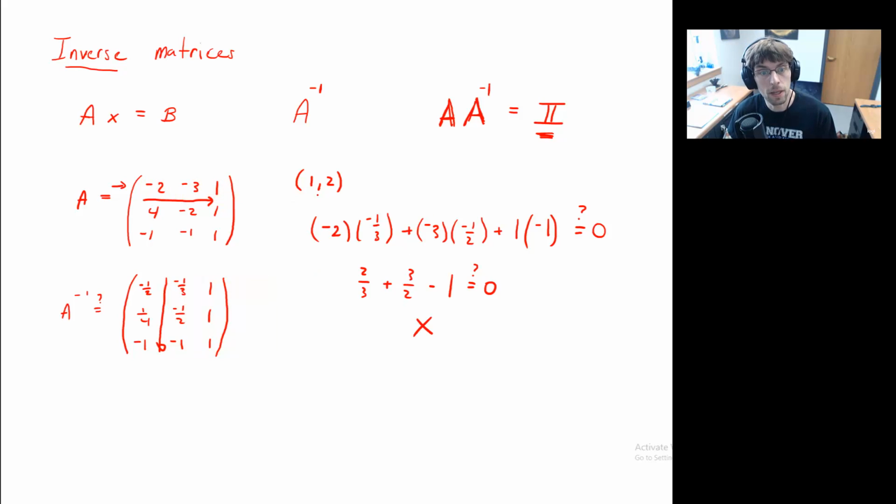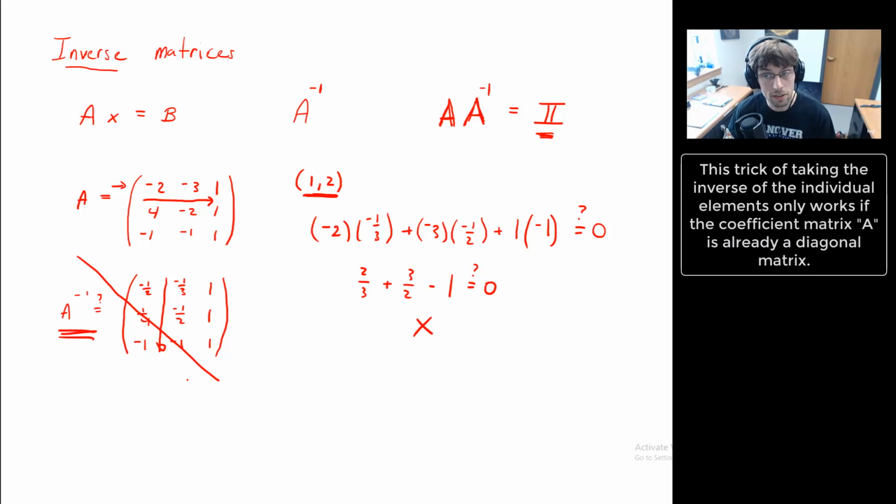Because we have an off-diagonal element that is non-zero, the matrix that we've proposed is not correct. That is not the inverse matrix. So that's the first thing. You cannot just simply take the individual elements of the original matrix and invert them. That does not work. We have to come up with something different.